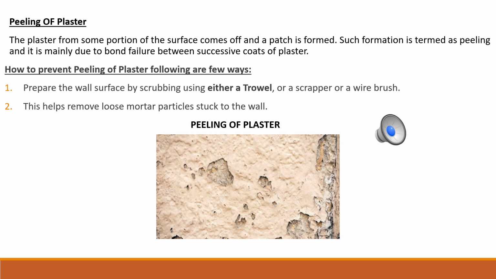This helps remove the loose mortar particles stuck to the wall, and then we have to rectify the surface. We will discuss the prevention to be taken for peeling of the plaster in an upcoming slide.